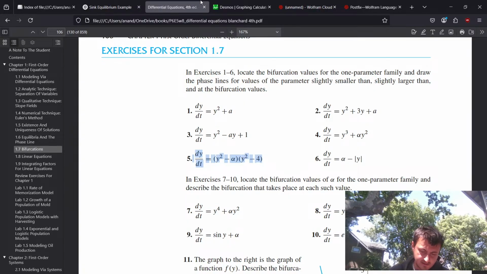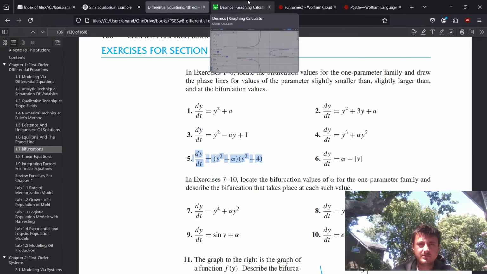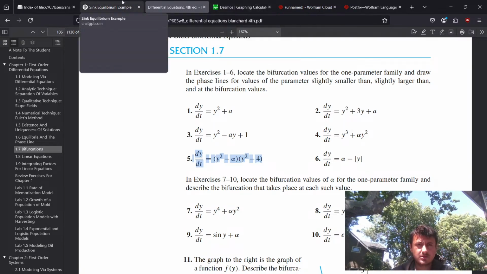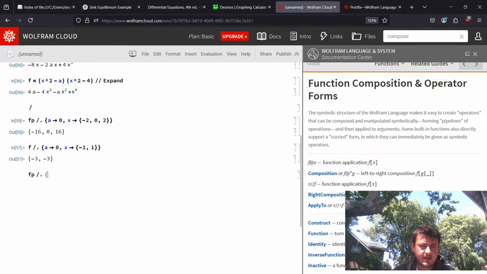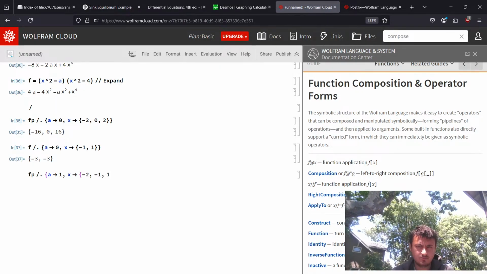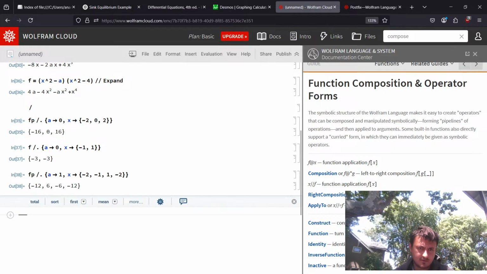Okay, so we need to do this. We need to do f prime where a goes to 1 and x goes to -2, -1, 1, 2. Okay, so we get a sink, a source, a sink, and a source.